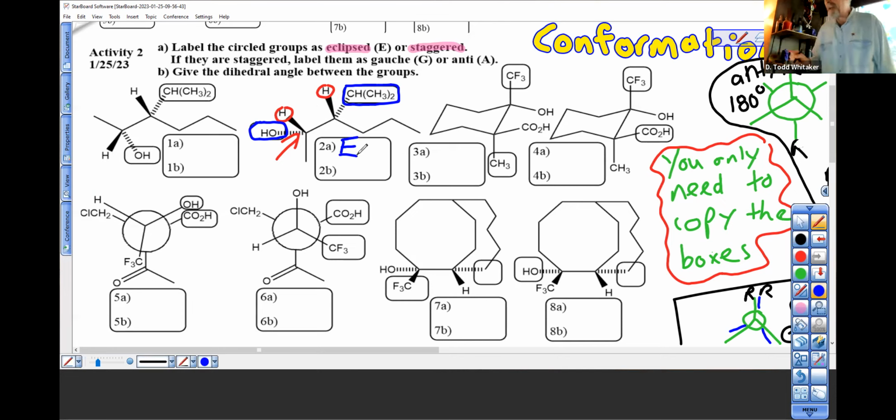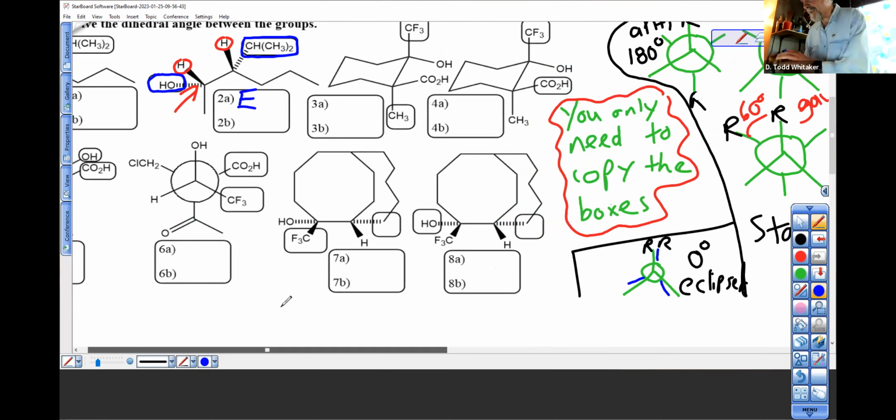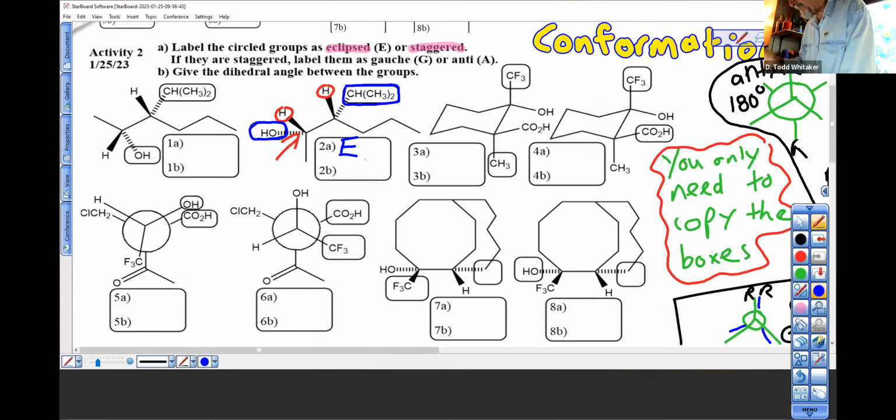And what about the dihedral angle when the groups are right in front of each other? 0 degree dihedral angle. 0 degrees. You want a quick look?